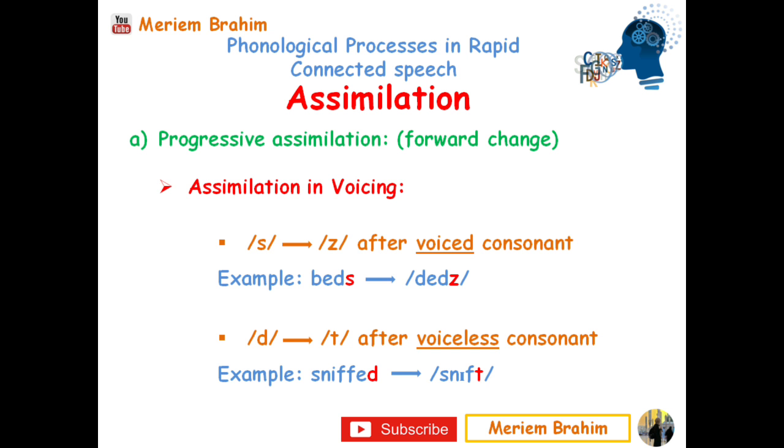Why progressive? Why forward? Here we notice that we have two consonants, the d and the s, which will become z. So the cause is the d, the first consonant, and the result or the change will occur forward after the cause, which is z.